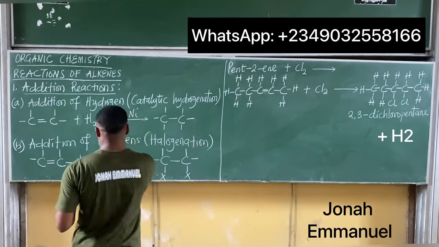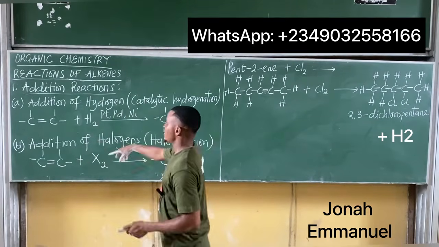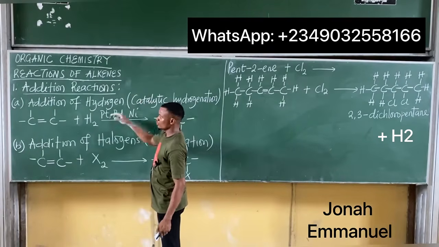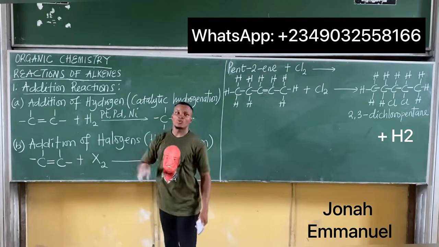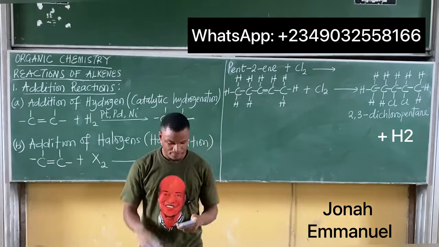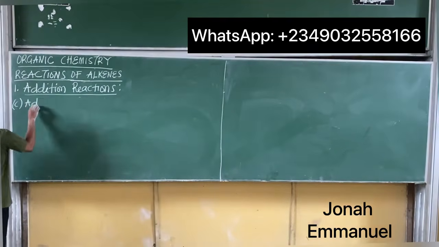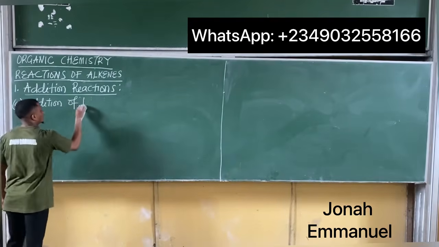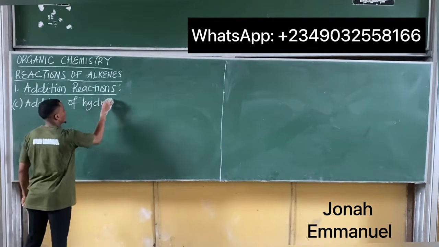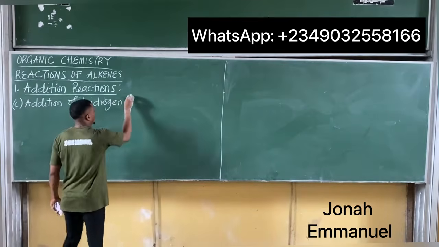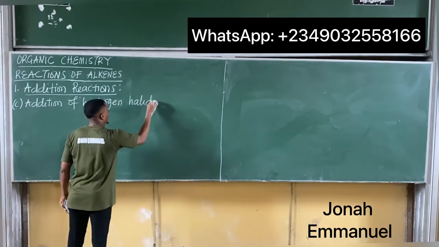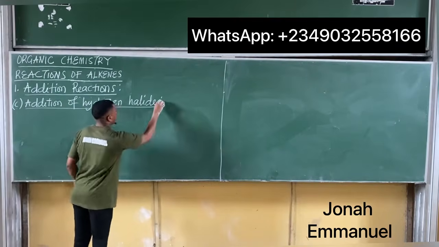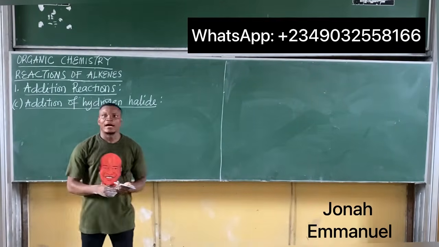That's how many now? Two. We're looking at addition reactions of alkenes. We've done two, this and this. The third addition reaction is addition of hydrogen halide.